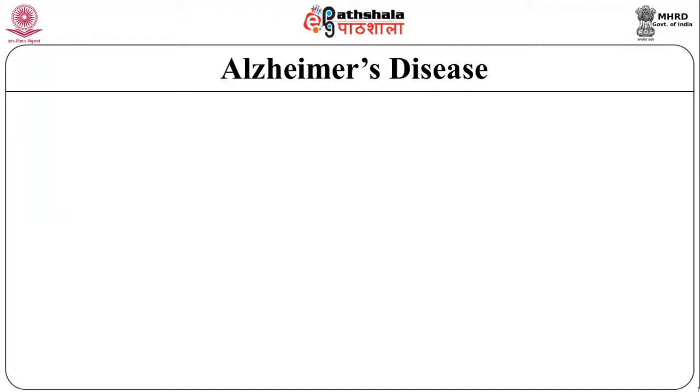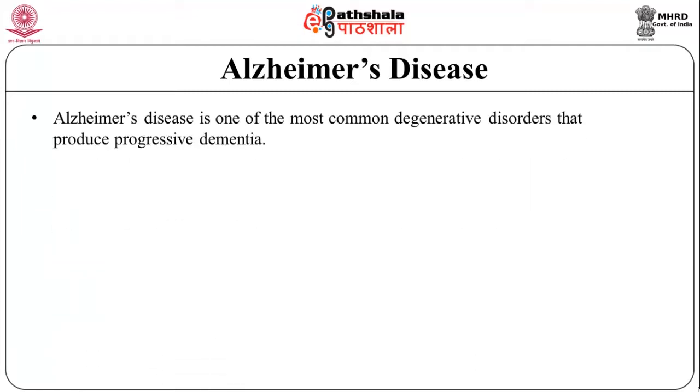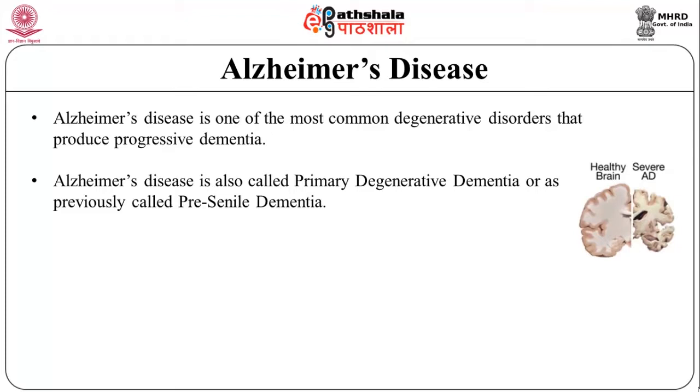Now let's see what Alzheimer's disease is. Alzheimer's is one of the most common degenerative disorders that produce progressive dementia. Alzheimer's disease is also called primary degenerative dementia, or, as previously called, pre-senile dementia.